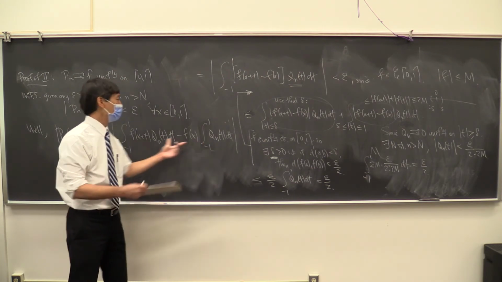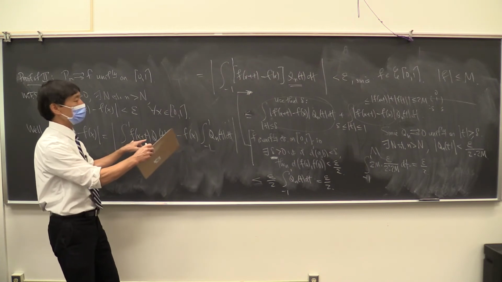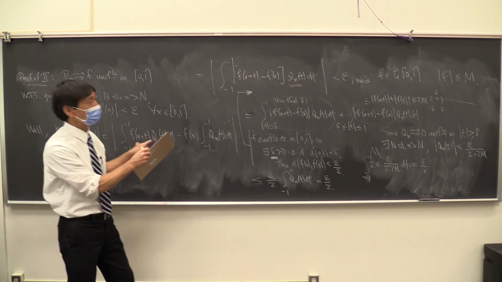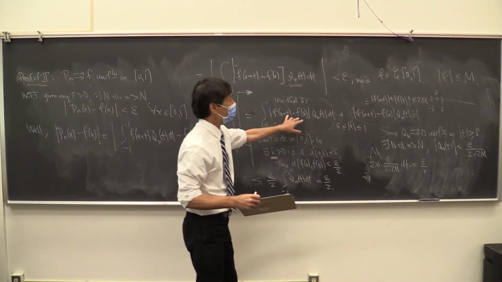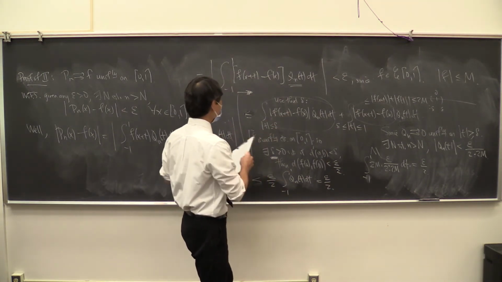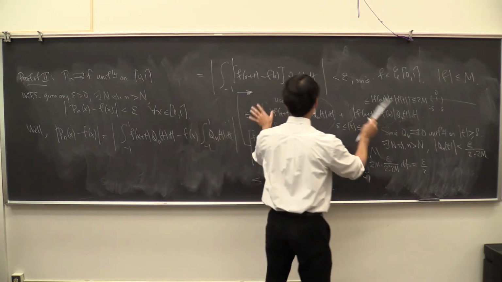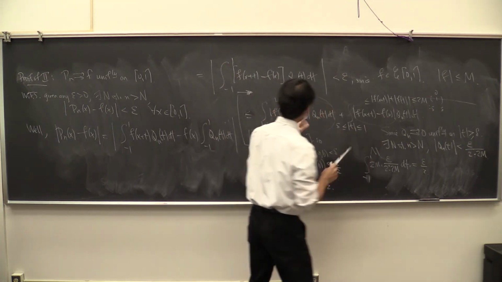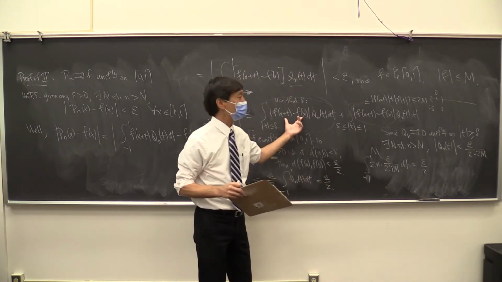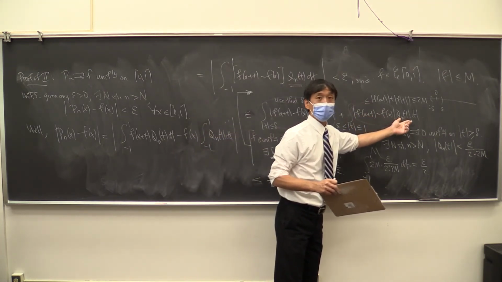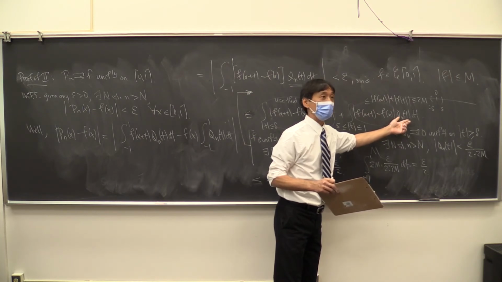So we could slide it in and then use the uniform continuity of the function to get control of this part, right? And then the second property of the approximation of the identity allows you to split it into 2 parts, one of which is controlled using the continuity of the function, the other of which is controlled using the uniform convergence to 0 of the approximation.